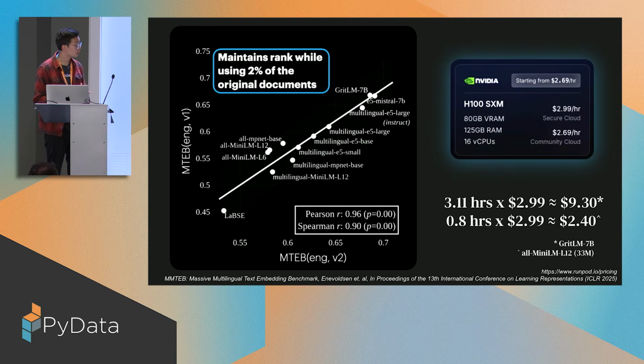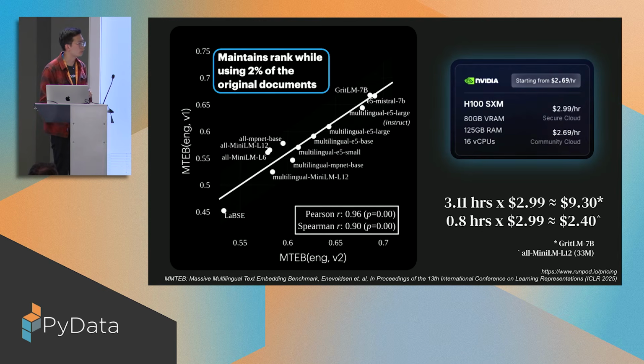And as a result, we ended up with a new English benchmark that uses only 2% of the original number of documents. And the number of tasks also went from 50-something to 40. And that has some tangible runtime implications. So on the right side, the runtime for a 7 billion model is now 3 hours, even though it's on a different GPU.